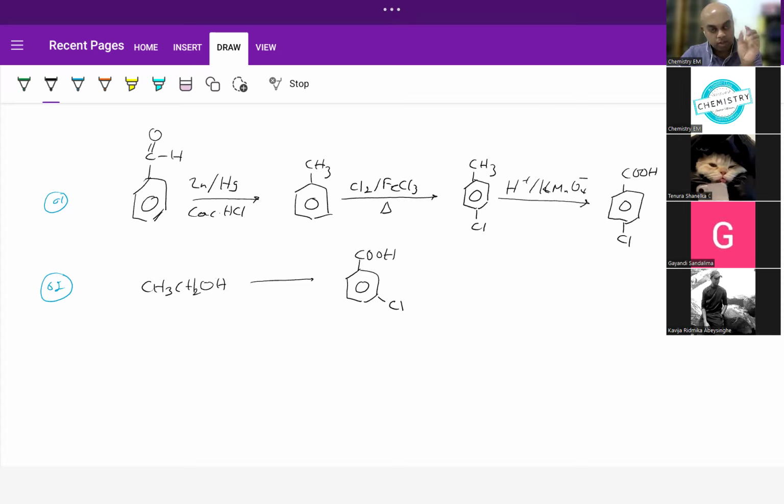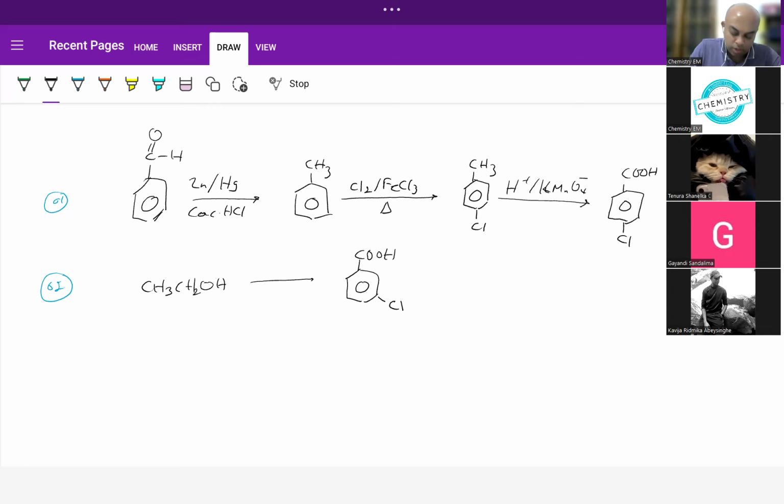Converting a linear one into an aromatic group is through a Friedel Crafts reaction. There are two types, Friedel Crafts acylation and Friedel Crafts alkylation. So alkylation can be done with the given alcohol, because alcohol can be converted into an alkyl halide, and the alkyl halide can be used for the Friedel Crafts alkylation, right?